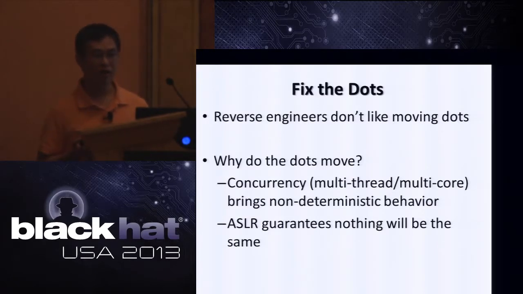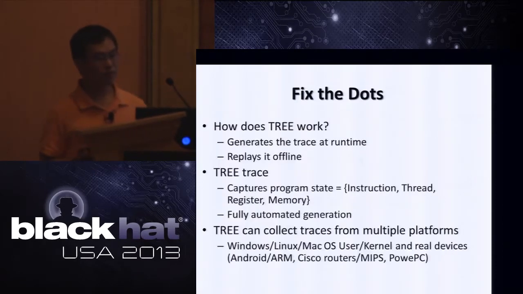Address space layout randomization is by design meant to make your program's internal workings different every time you run it. Particularly with the fine-grained ASLR built into Windows 8, it almost guarantees nothing will be the same for two runs at different times.